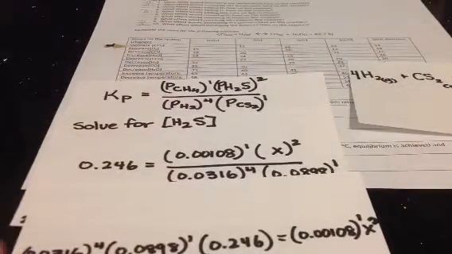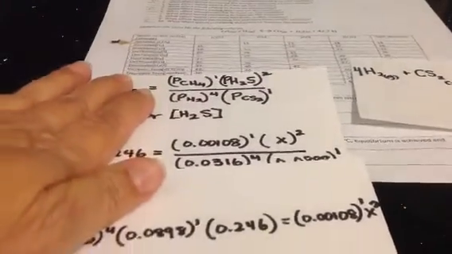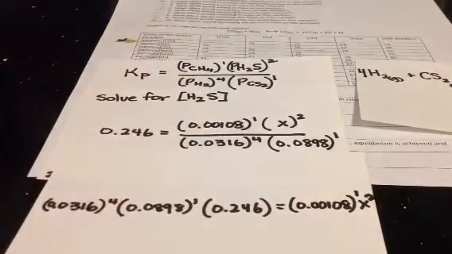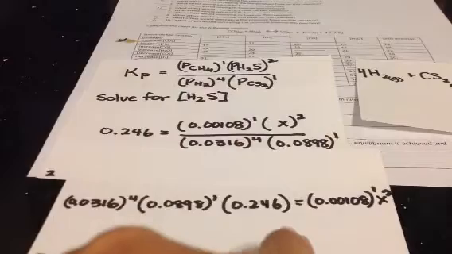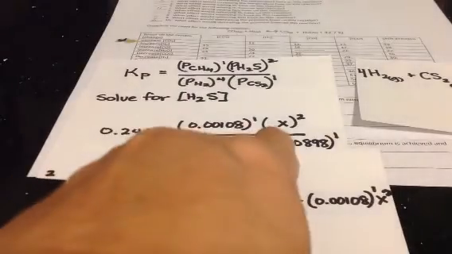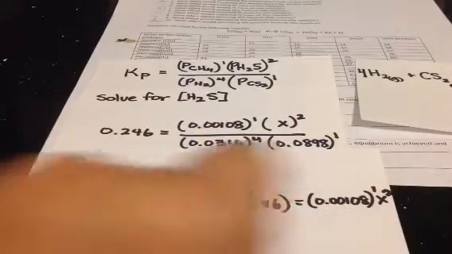So when I multiply the bottom of this equation by those two numbers, I end up getting those two numbers times 0.246 equaling the stuff that was left on the top and my x.